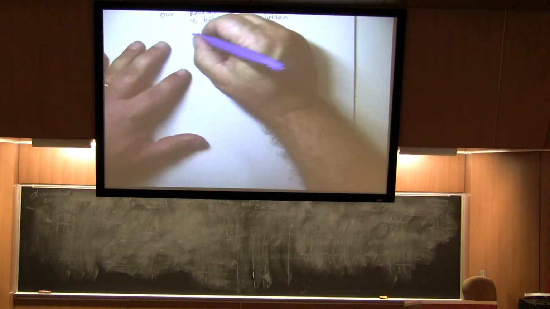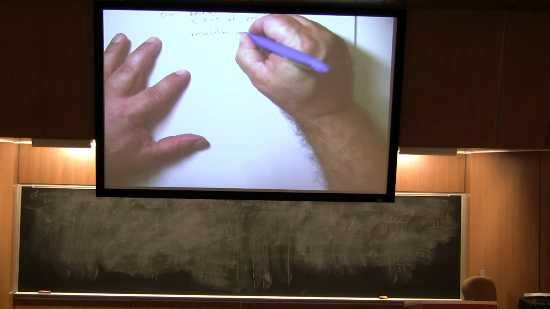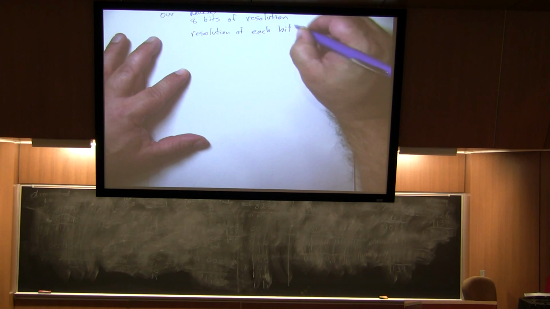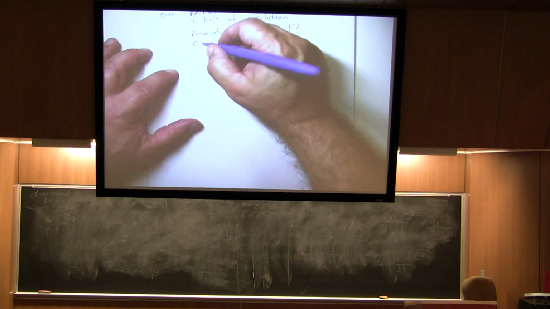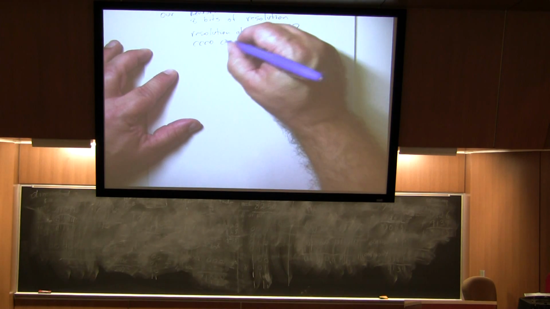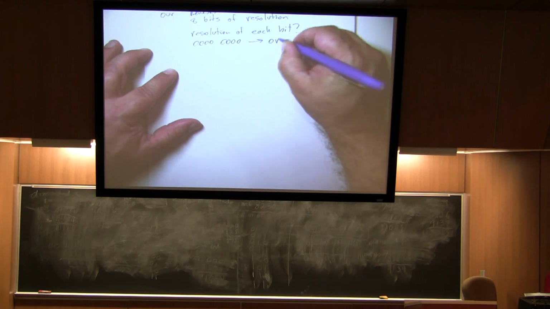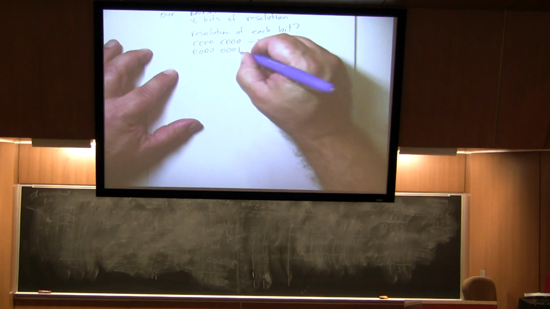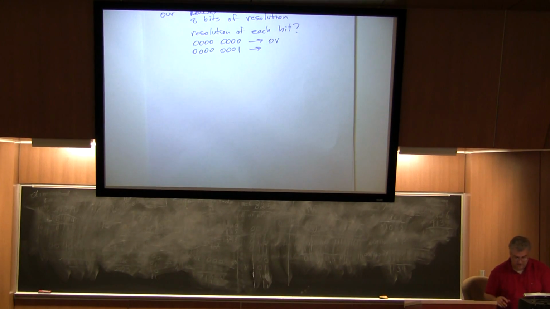So what is the resolution of each bit? In other words, if I do an A to D conversion, and I have 0, 0, 0, 0, 0, 0, 0, 0 the first time, I'm assuming 0 volts. Then I do 0, 0, 0, 0, 0, 0, 0, 1. What is that voltage? So do that computation for me right now.